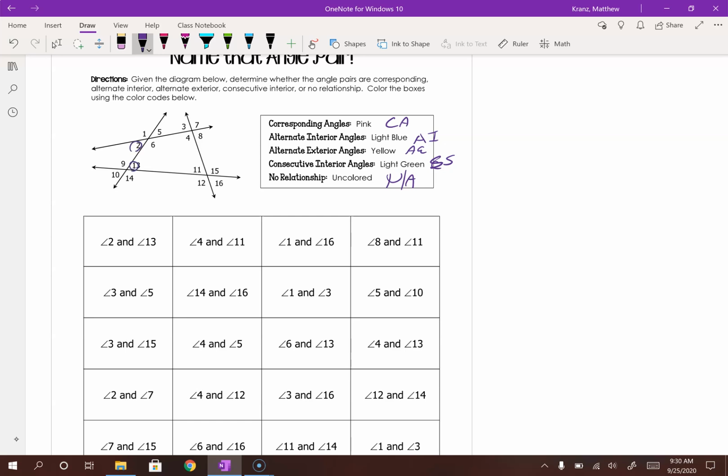Right? 2 and 13, alternate interior. 4 and 11, those are same side interior.